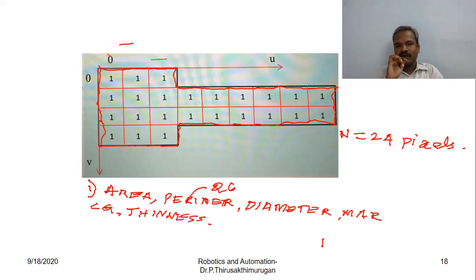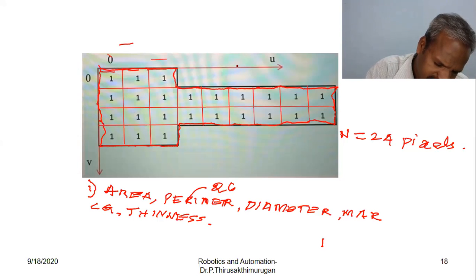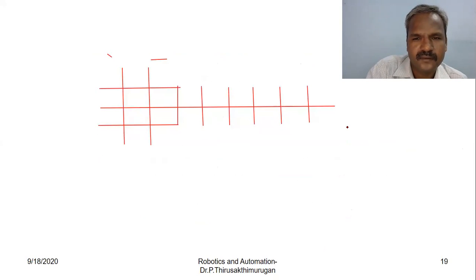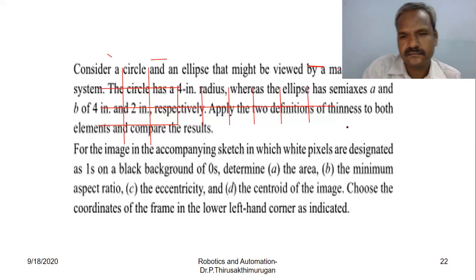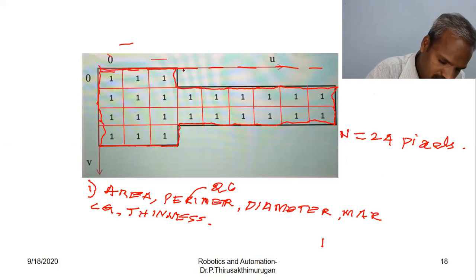Okay. Now, what is diameter? You see the minimum enclosing rectangle. This is the enclosing rectangle of the image.